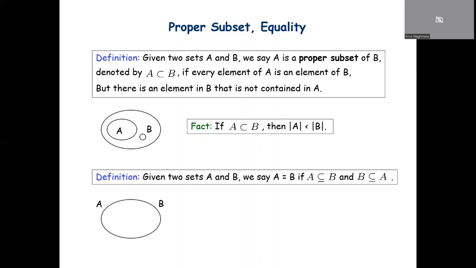That is, A is a subset of B and B is a subset of A. If A is equal to B, then the cardinality of A is equal to the cardinality of B.